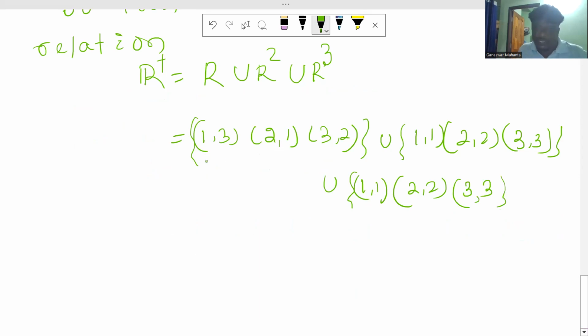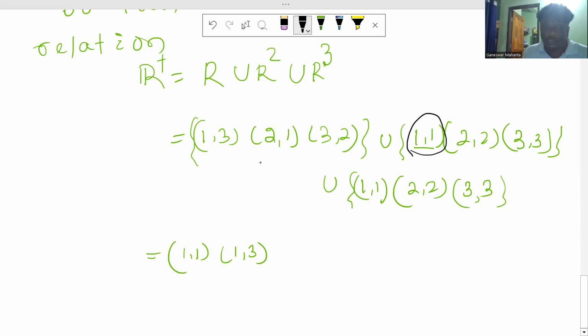Is a 1, 2 relation present here? No. The 1, 3 relation is there, so we also write 1, 3.